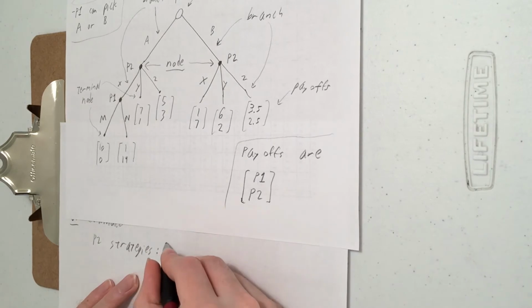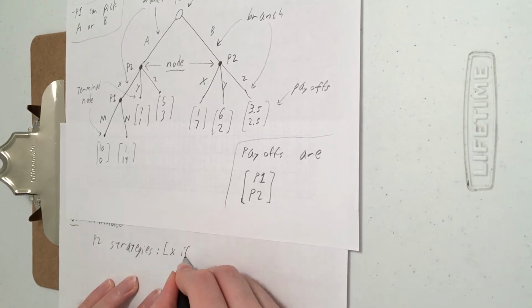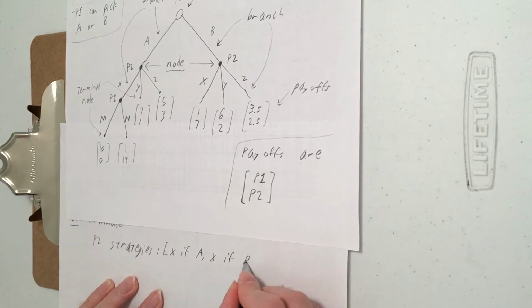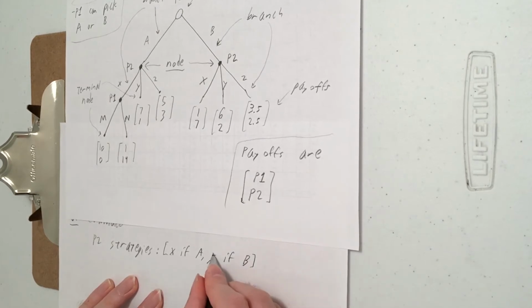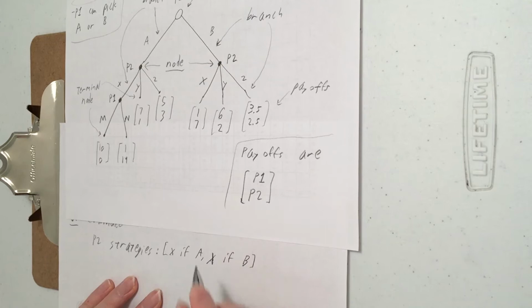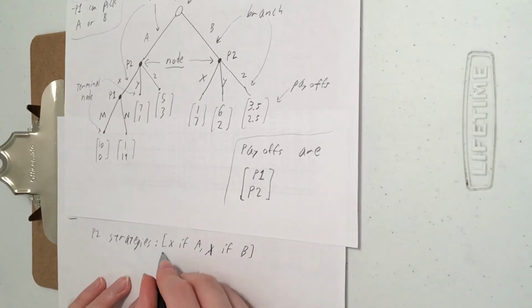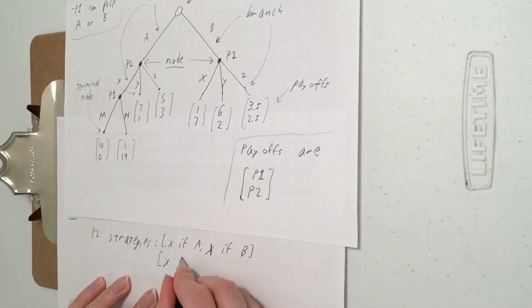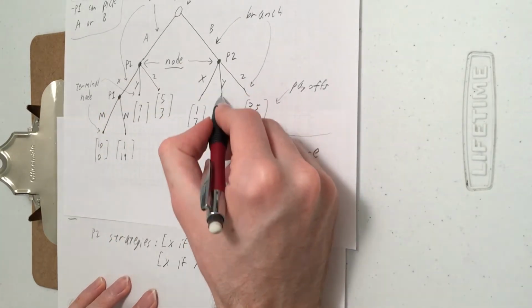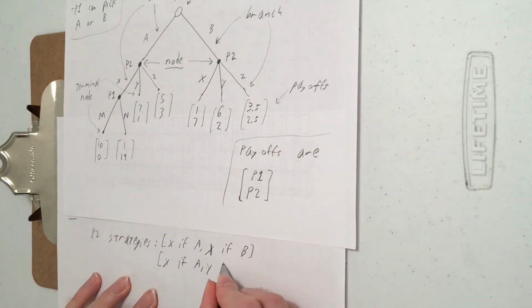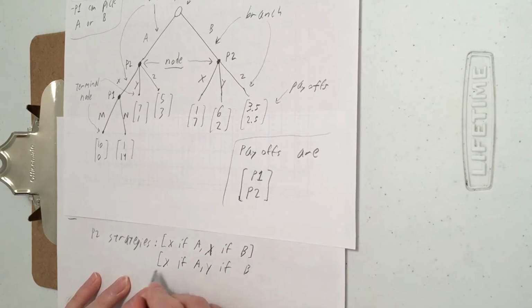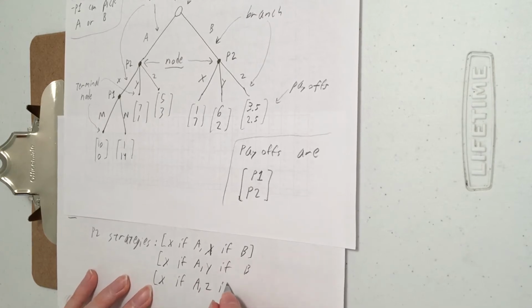I'll write that out as X if A, X if B. They can also play X if A and then Y if B. X if A, Z if B.